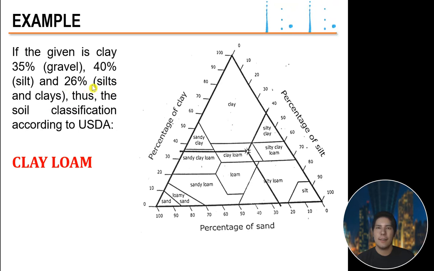I think there is an error here. It must be sand, because in the figure we can see 35% clay, and then here is 40% silt, and then here is 26% sand. I think I made a typo error here. Anyway, if 35% clay, 40% silt, and 26% sand, that means it is a clay loam in accordance with USDA.